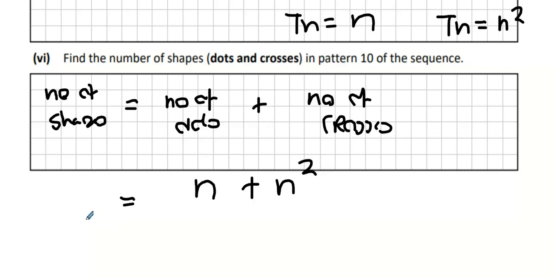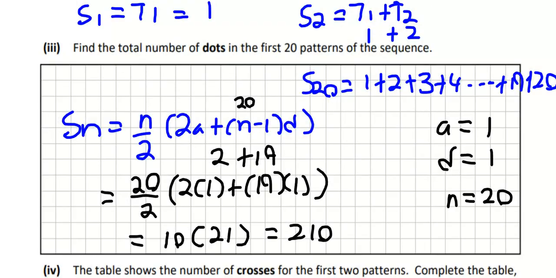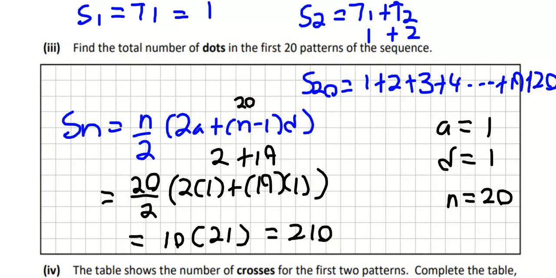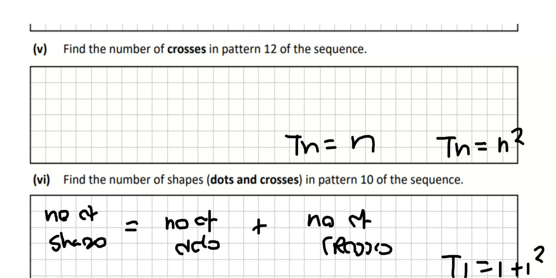Now, do you want to check this out? We'll check it out. Ready? What would T1 be? T1 would be 1 plus 1 squared, which is 2. Let's go back to the original shape and see what we had. Oh, look, there's 2 of them. Let's try T2. We have to get 6. If we don't get 6, it's wrong.